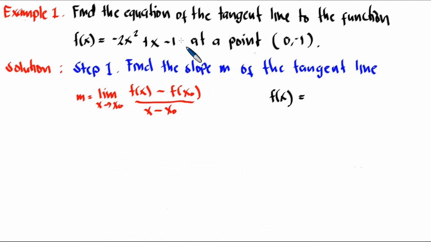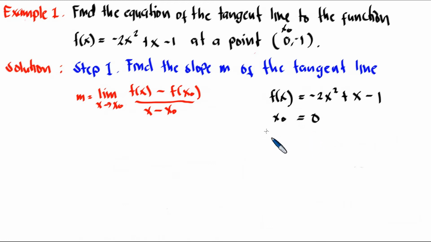In this case, our f of x is equal to negative 2x squared plus x minus 1. And x sub 0 is just the value of x in the given point, which is 0.